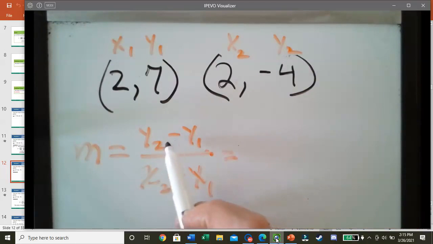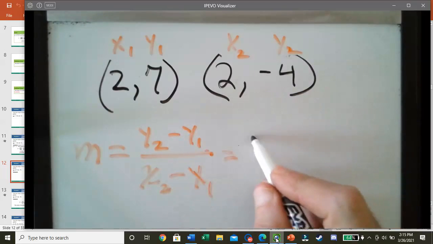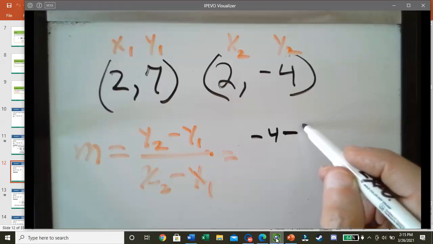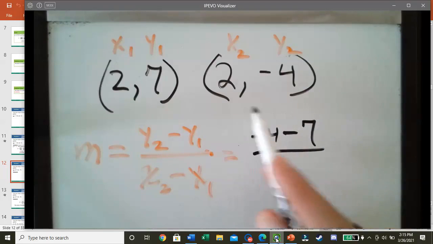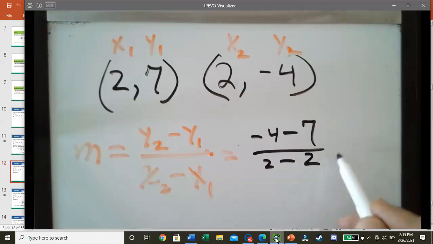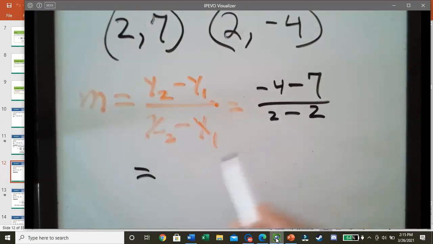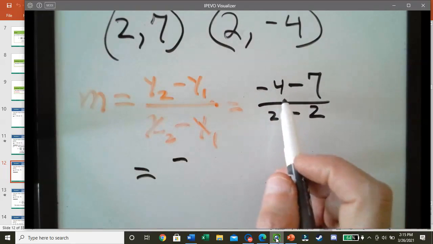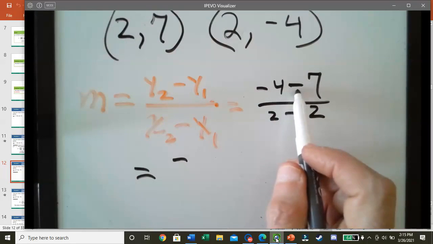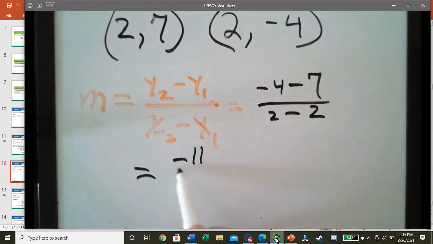What goes in here for y2? Negative 4. Good, excellent. Minus y1 is 7. Good. Over 2 minus 2 again, right? Okay, so, well, hold on, slow down. The numerator is what? Negative 11 again over 0, right?